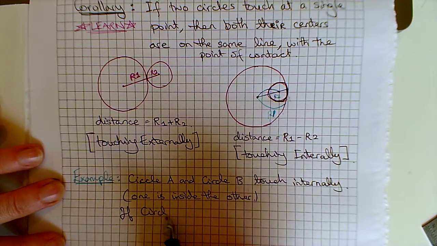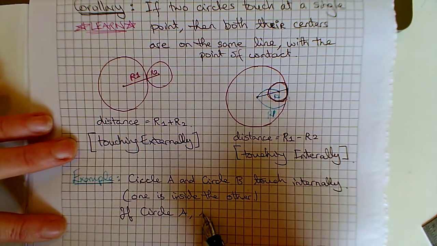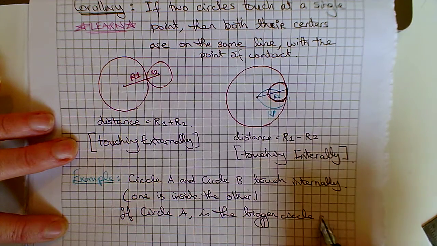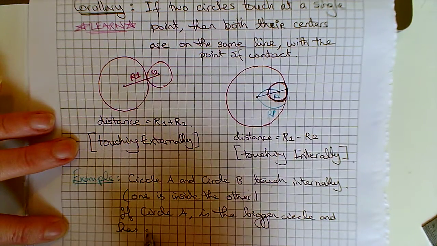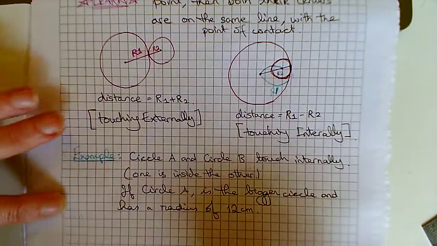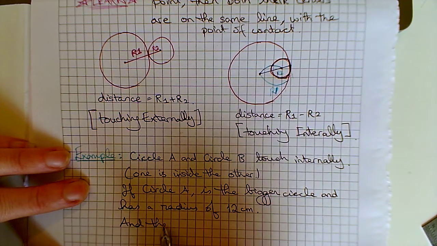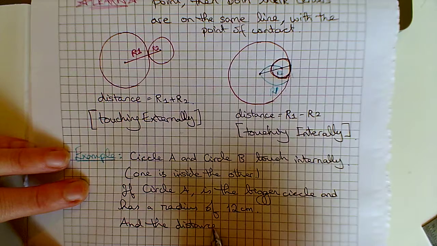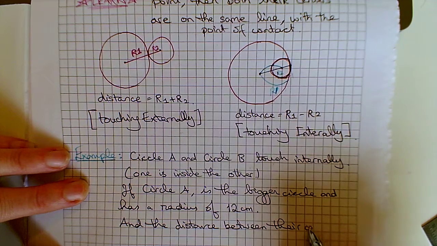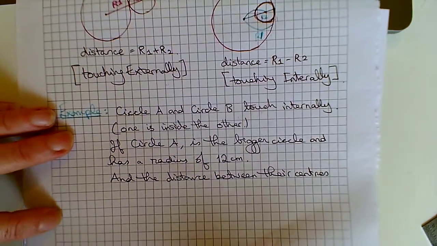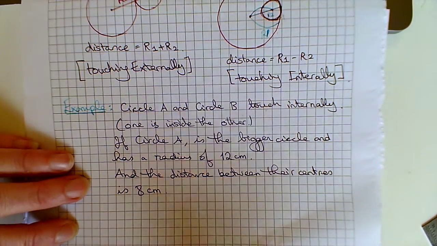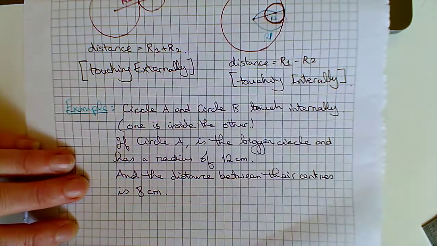If circle A is the bigger circle, and has a radius of 12 centimeters, and the distance between their centers is 8 centimeters. Okay, it's going to be less than the bigger one because one is inside the other.